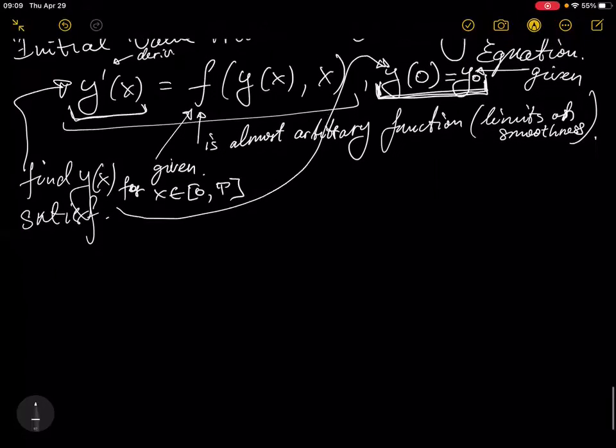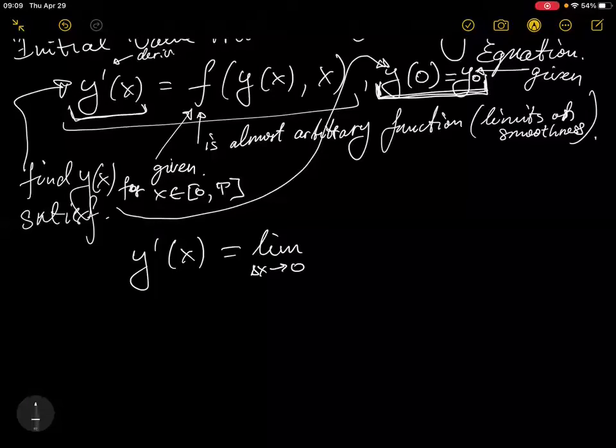Okay, now what to do with that? The simplest approach. Let us remember what the derivative is. It's one way of defining the derivative, right?